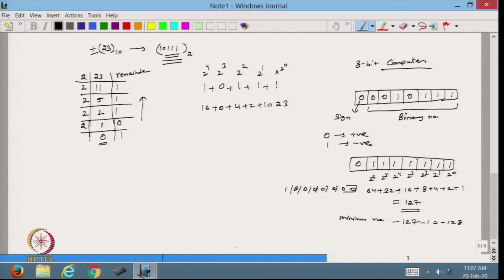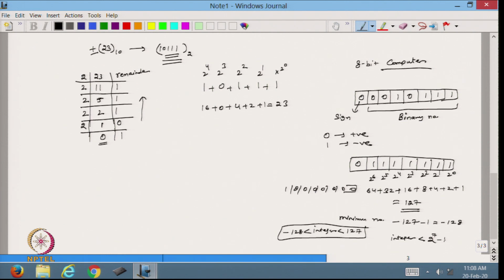So in this case I can say that if I work in the 8-bit computer, the integer I can save in the computer is from minus 128 to 127. So this is the number range we can define. This I can also write as: the integers we can save are from minus 2 raised to power 7 to 2 raised to power 7 minus 1. These are the 7 bits: 1 2 3 4 5 6 7.